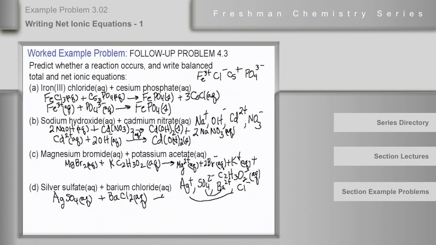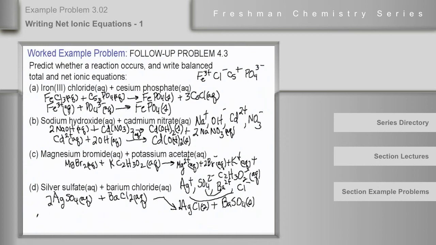So this reaction produces two precipitates, and that is silver chloride, and there'll be a 2 in front of this to balance it, 2 silver chloride solid, which is insoluble, and 1 barium sulfate solid.